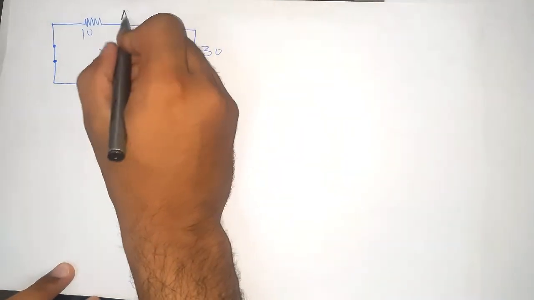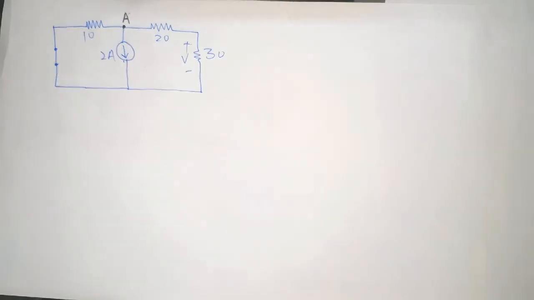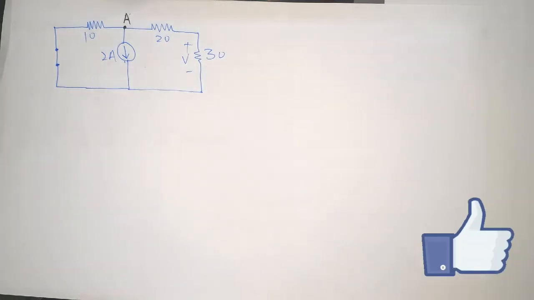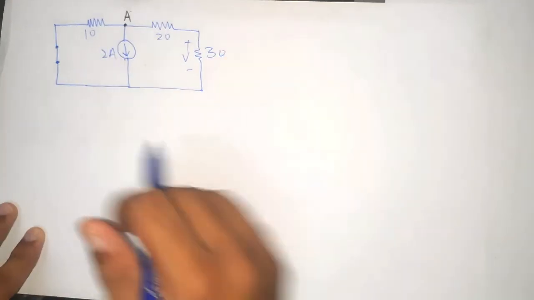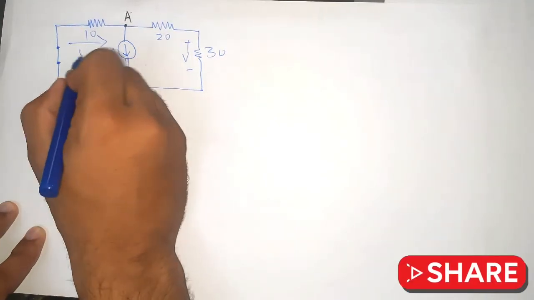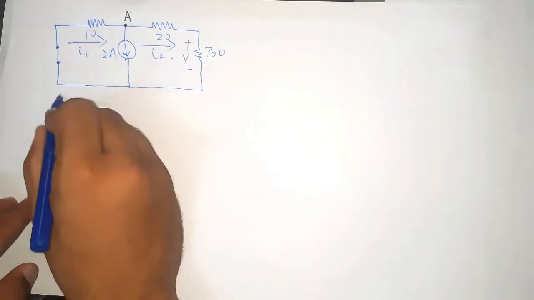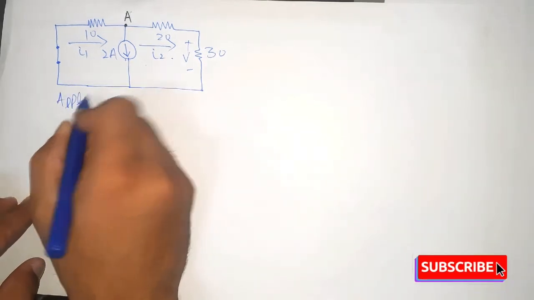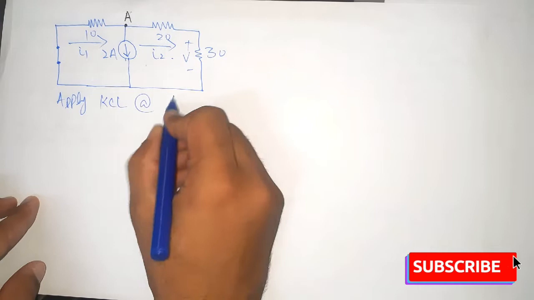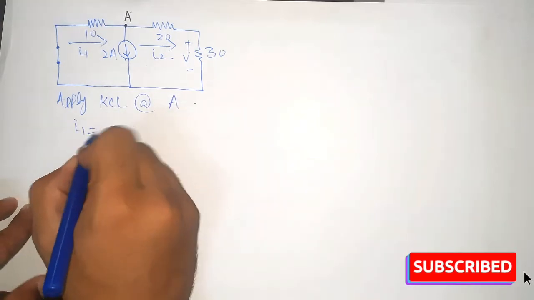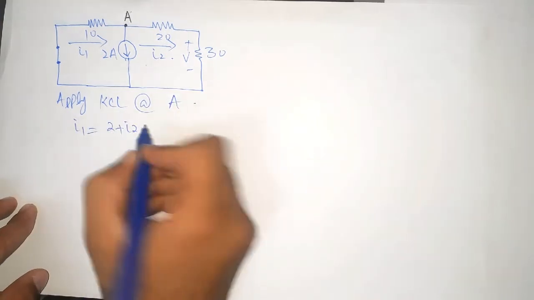I will name it node A. So we'll apply KCL at A. I1 is equal to 2 plus I2.